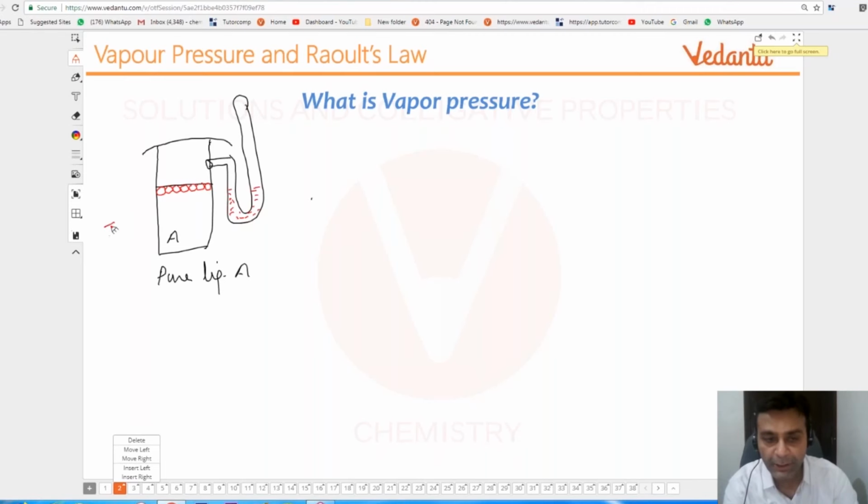and at a particular temperature T, it may be possible that these particles are escaping and converting into vapors. So vapors are formed. Once the first layer has completely evaporated, the second layer is ready for evaporation, then the third layer, then the fourth layer.